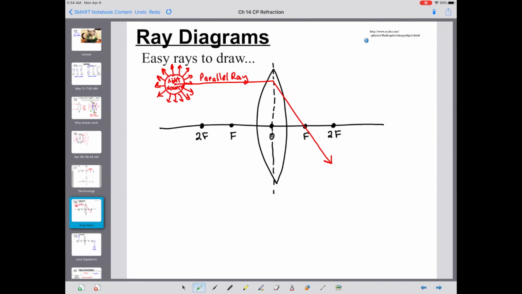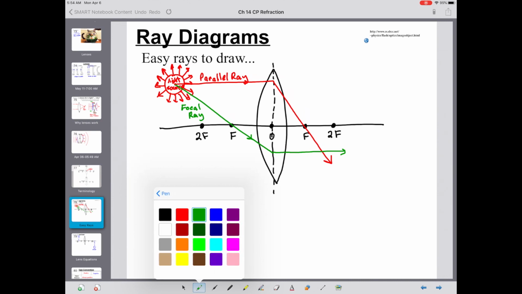A second easy ray to draw is kind of reversing that logic. So I'm going to take another ray, and I'm going to take it now initially through the focal point. The other ray started parallel and went through the focal point. This one went through the focal point, and it will refract out parallel. So for reference, we're going to call this a focal ray, or sometimes a principal focus ray.